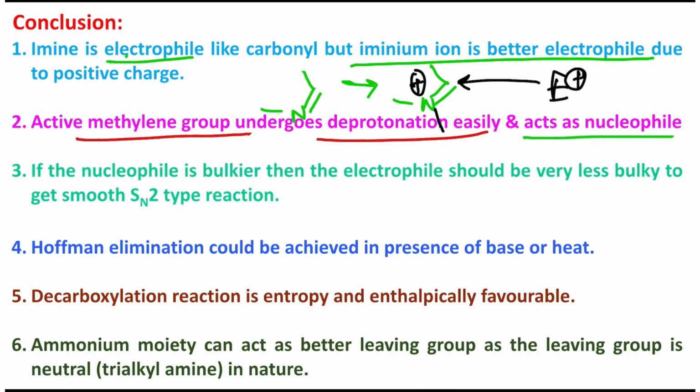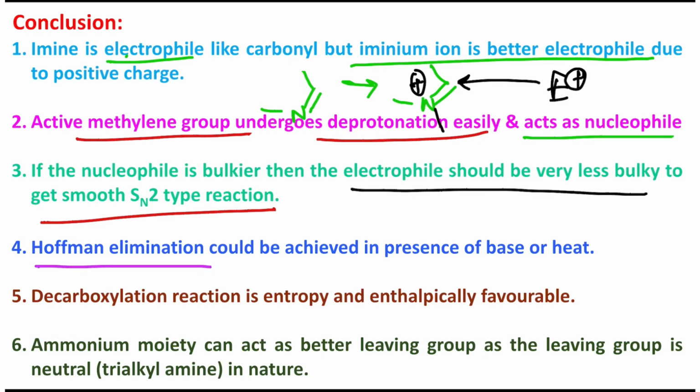But for this purpose, you need to know that in this case the nucleophile, this carbanion from active methylene compound, is a little more bulky. So if so, the electrophile should be very less bulky to have a smooth SN2 type reaction. And the elimination, which is this Hofmann elimination reaction, could be achieved in presence of base or heat, but quaternary ammonium salt is needed.